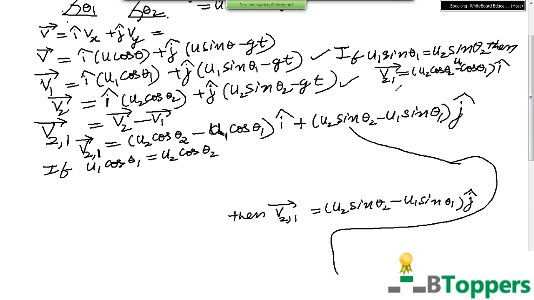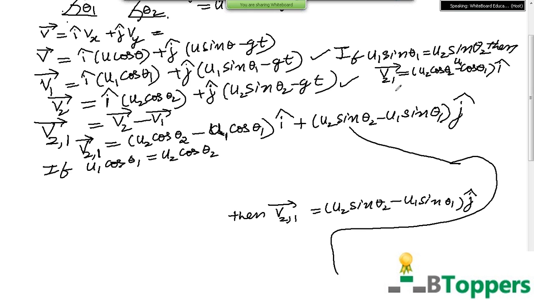The conclusion you have to remember is that if we consider two projectiles thrown simultaneously in the same vertical plane at a given place, so that both move under the influence of gravity, then the path followed by one projectile with respect to the other will be a straight line path, because the relative velocity between the two projectiles does not change with time.